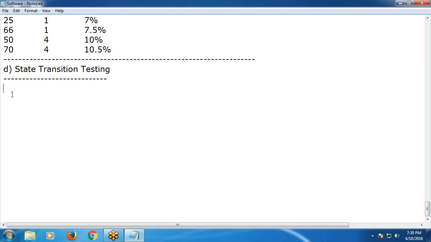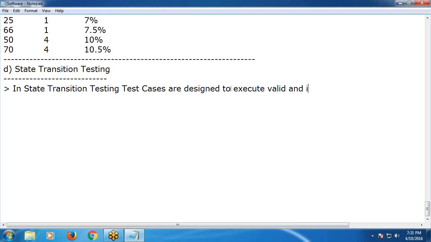In state transition testing, test cases are designed to execute valid and invalid state transitions.